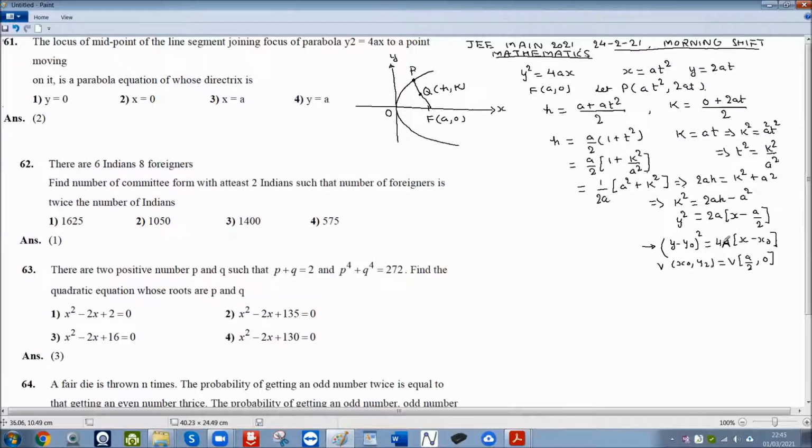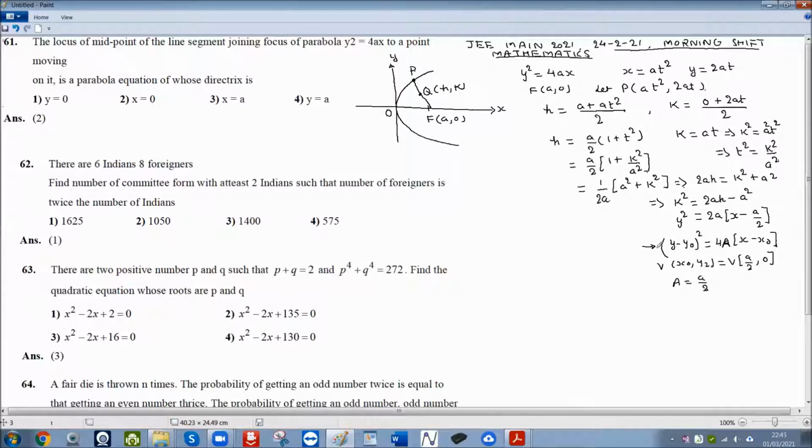So for this parabola, the distance between focus and vertex is capital A. Comparing these two, the value of capital A is a by 2.